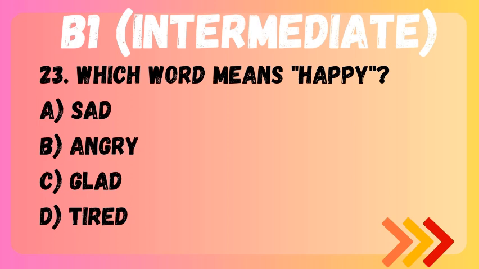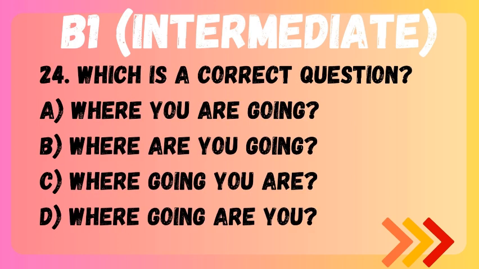23. Which word means happy? A. Sad. B. Angry. C. Glad. D. Tired. 5, 4, 3, 2, 1. 24. Which is a correct question? A. Where you are going. B. Where are you going?